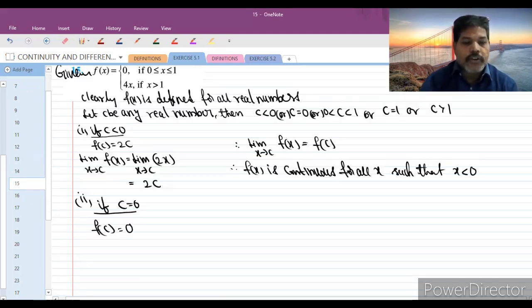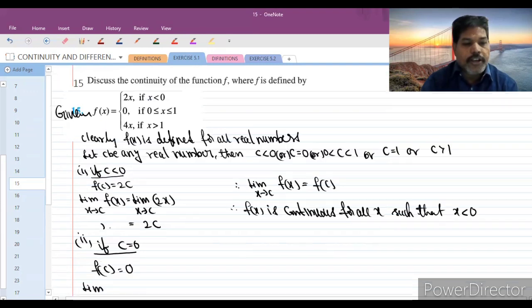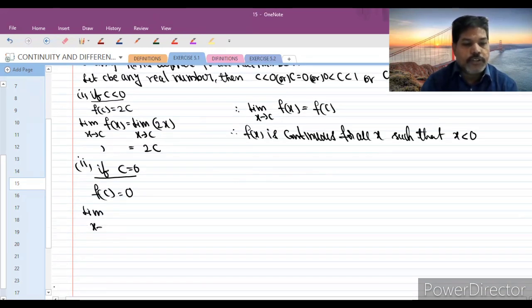Next, you can calculate the left hand limit, the limit as x extends to C minus of f of x. C is nothing but 0 actually, so it is the limit as x extends to 0 minus of f of x.